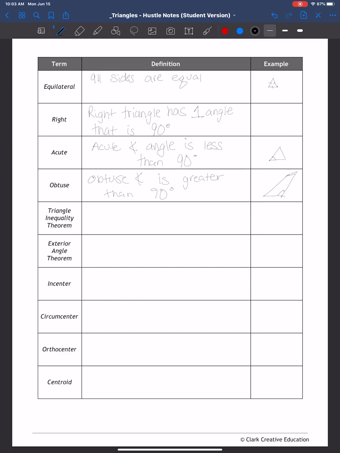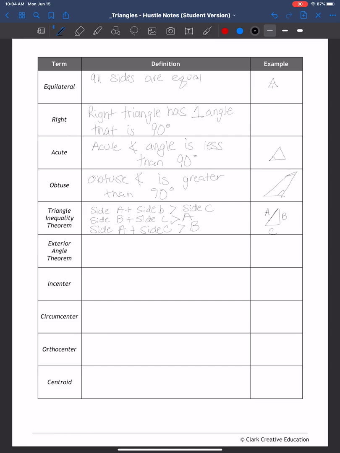You always have side A plus side B is greater than side C, side B plus side C is greater than A, and side A plus side C is greater than B.